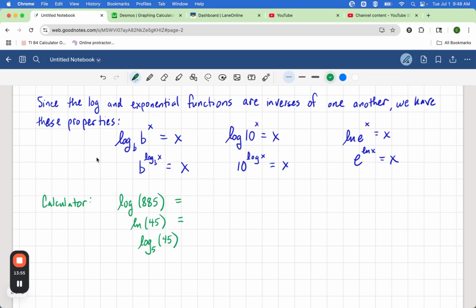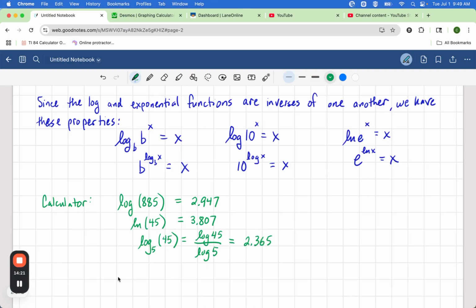So log of 885 is going to be 2.947. ln of 45 is 3.807. And log base 5 of 45, we would write that as log of 45 over log of 5. So on Desmos, you see that you got 2.365.